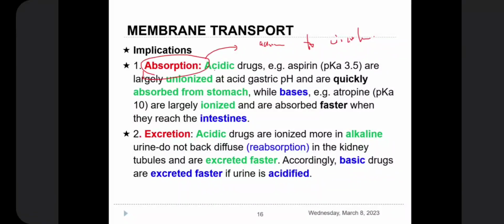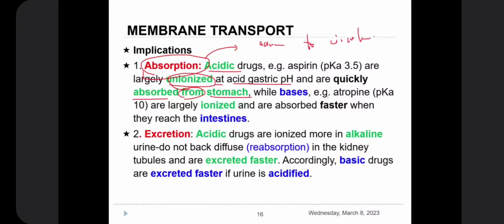You can see here, when we give acid drugs, they will become largely unionized at the acid gastric pH and have a very good, very quick absorption from the stomach.